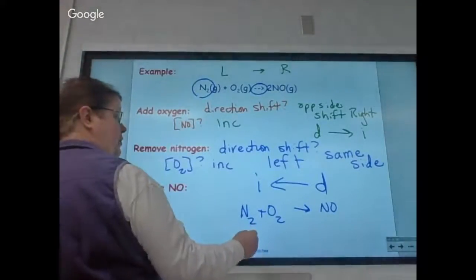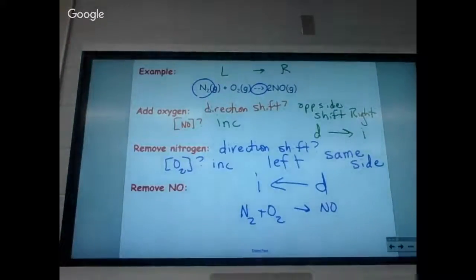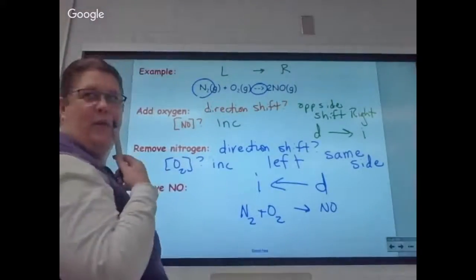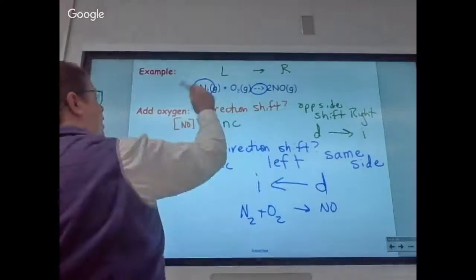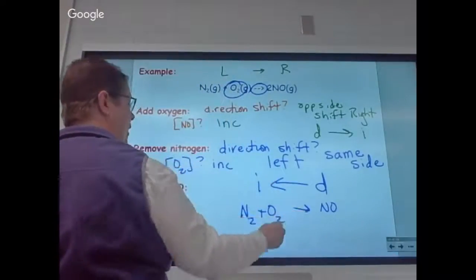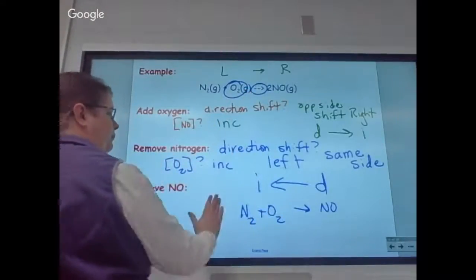It's here with the increase, so it's going to increase. Oh, sorry, we're looking for O2. That's why y'all don't understand what I'm saying. Is O2 on the left or the right of the arrow? It's on the left, so it's going to increase.